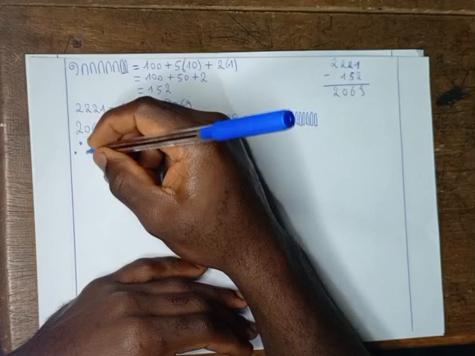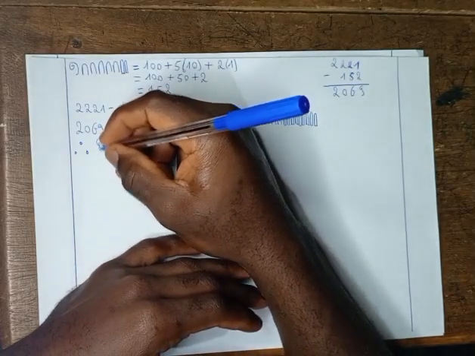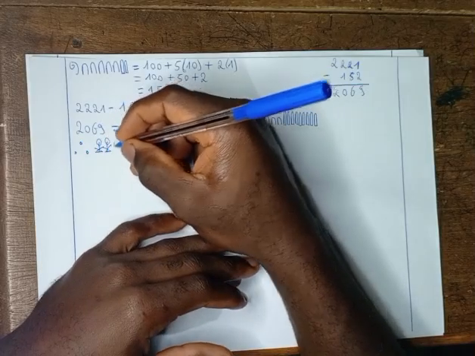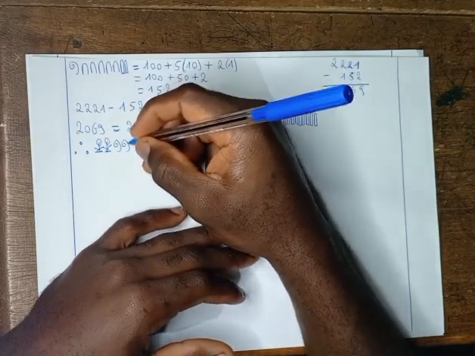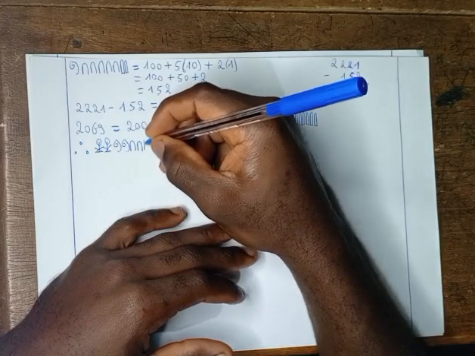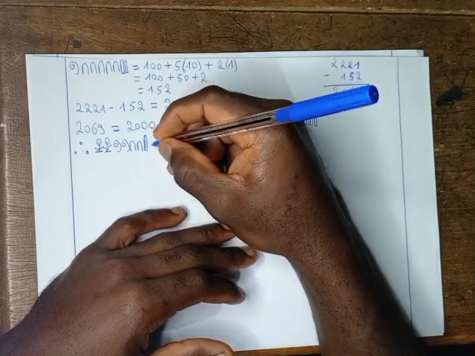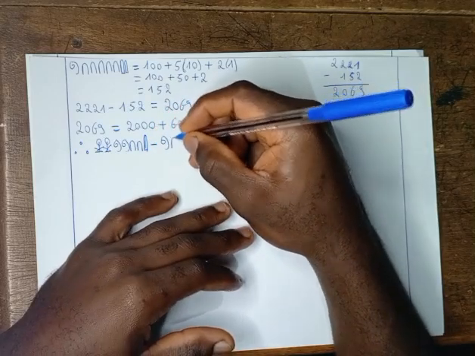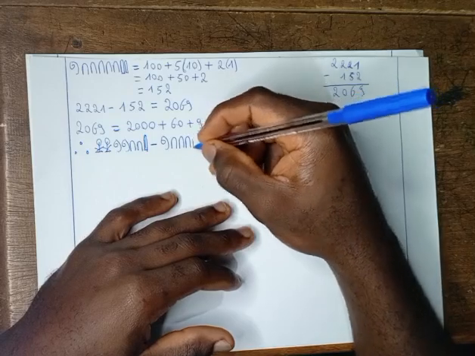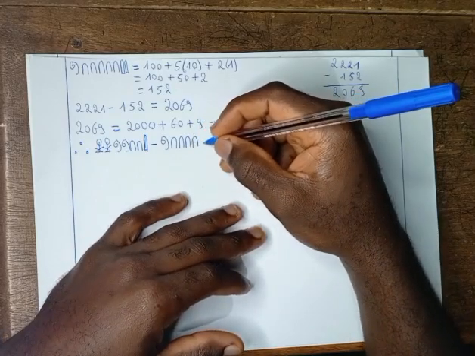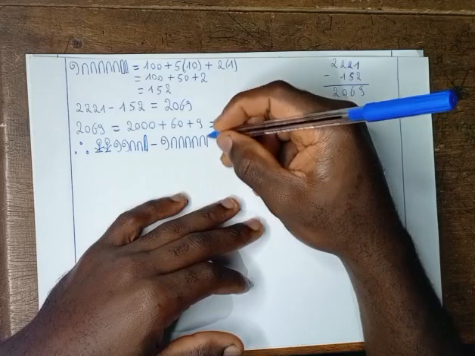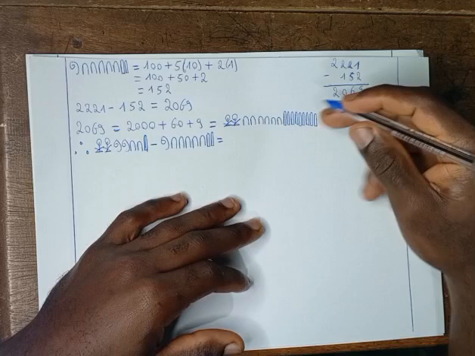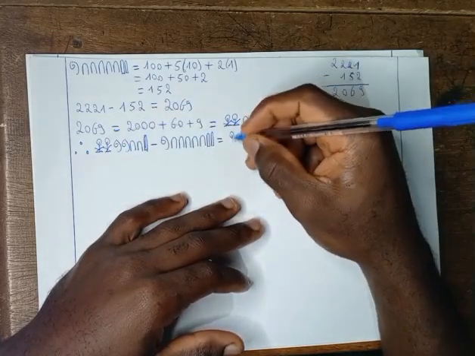Next, we are going to conclude. Therefore, if you subtract these two numbers written in Egyptian numerals, not adding, that's 5 elbows, 2 straight fingers. The result will simply be equal to, we are going to copy this, 2069.